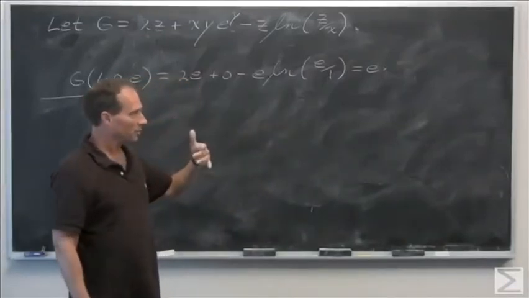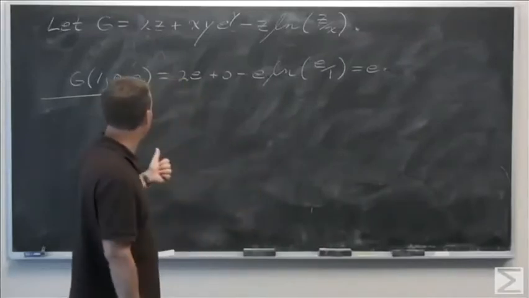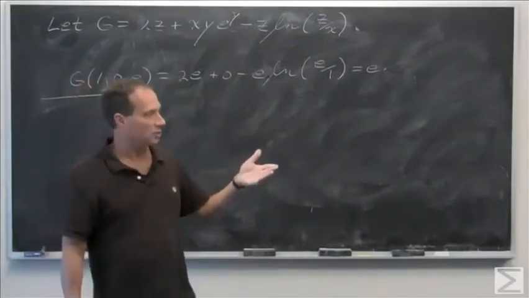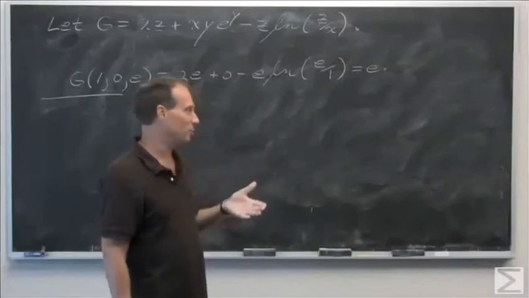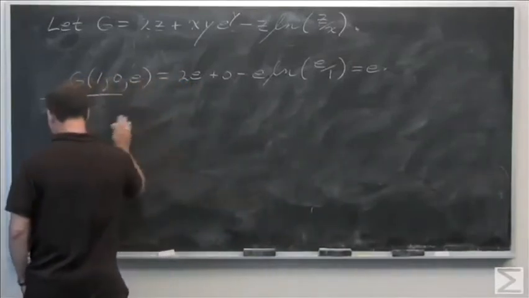It also better be, because of part b, true that the partial derivative of g with respect to y at (1, 0, e) is not 0. And part c should mean that the partial derivative of g with respect to z is 0 at the point (1, 0, e), so that we can't apply the implicit function theorem.